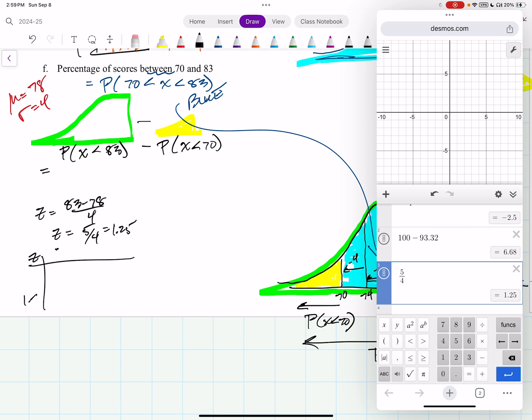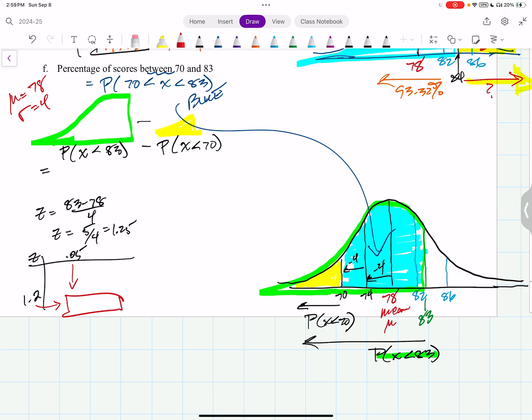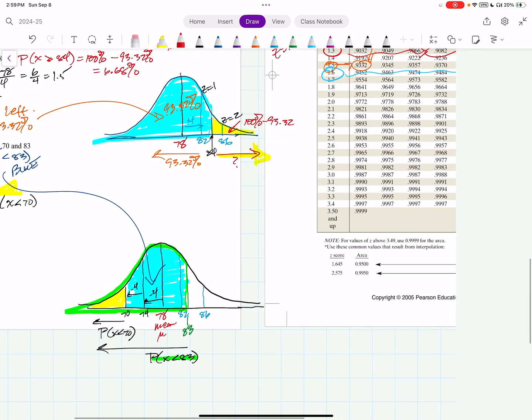So 1.2 here, and 0.05 here. Again, the first two digits of your Z score go in the column, and then you put the hundredths place, which is 5 hundredths, up there on the first row. And then you look down and across, and you read the number. So let's go to the Z table and find 1.25.